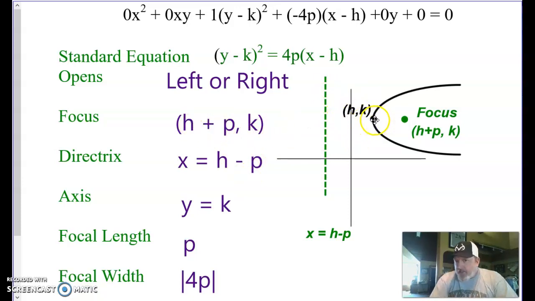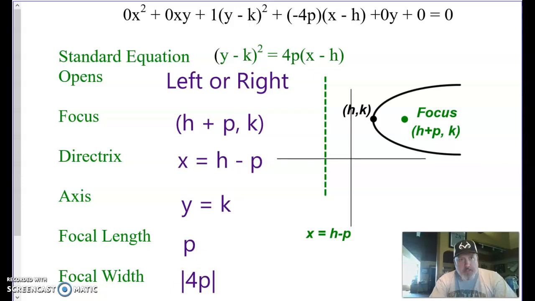So again, if our vertex here, let's just say was at 1, 4, and p was at 3, then this would be at 4, 4, and this would be at negative 2. So it would be the same distance in either direction. Now our axis of symmetry goes through this value this way, so y equals k. And again, focal length, focal width have not changed, p and 4p.